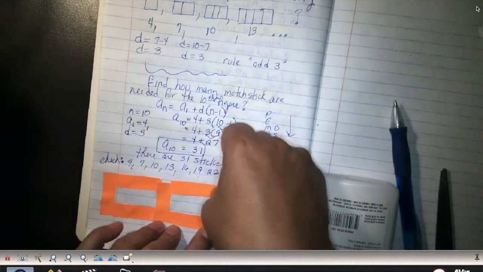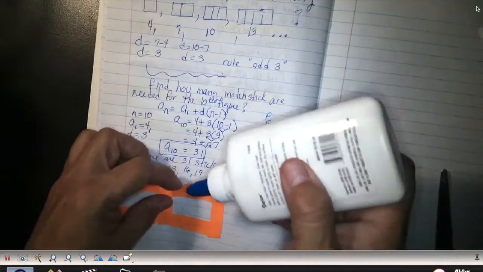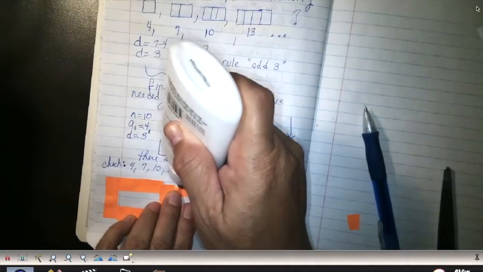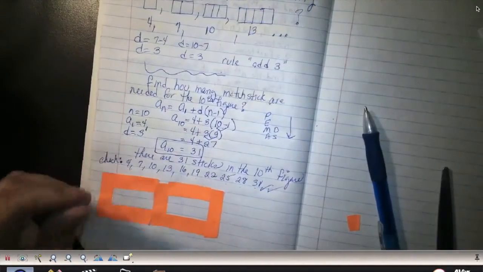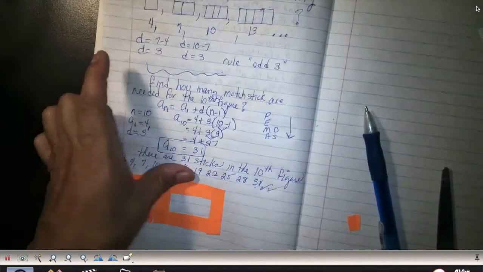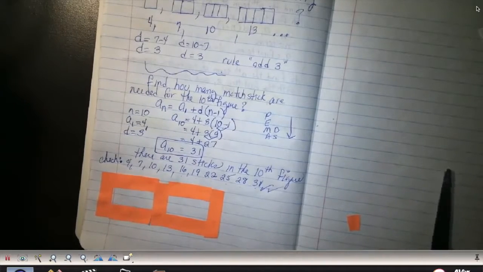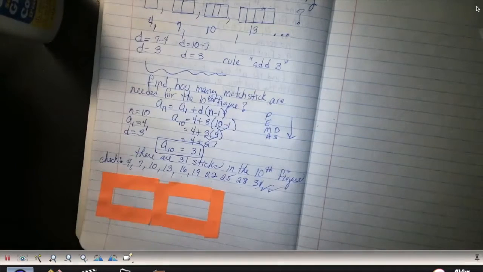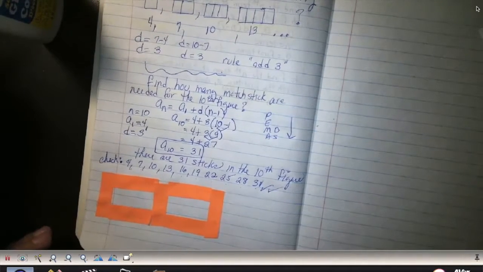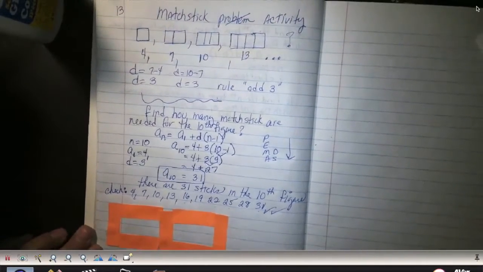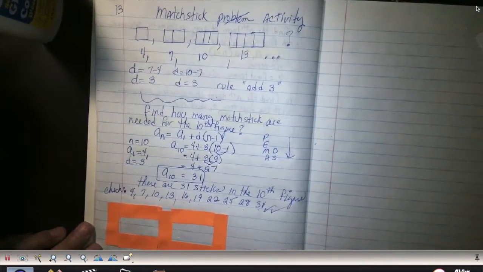That one's too long. There we go. Okay. There we go. And I still have room for one more, which I'll glue later.